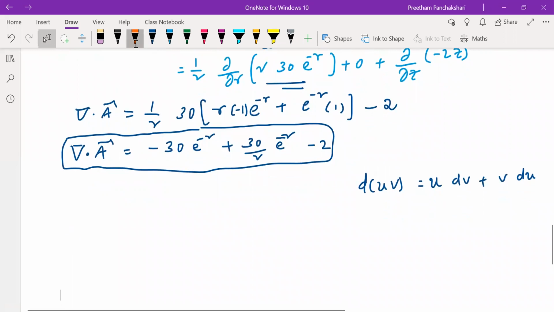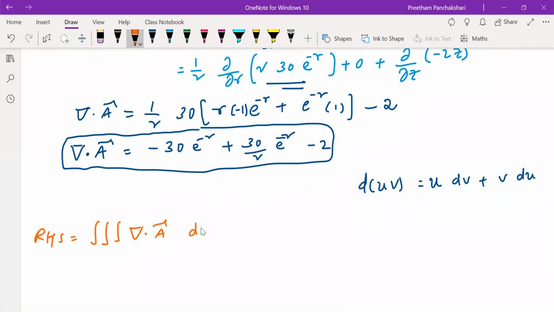Next is the RHS, that is the volume integral of divergence of A. So let us substitute for the divergence term: minus 30 e power minus r plus 30 by r e power minus r minus 2.